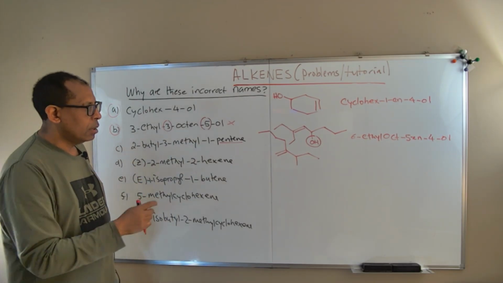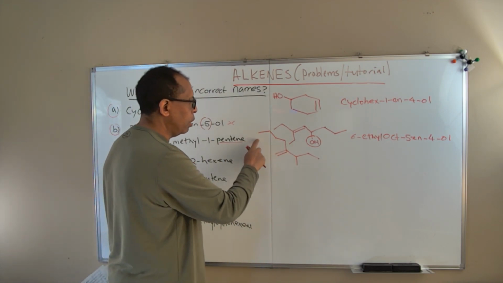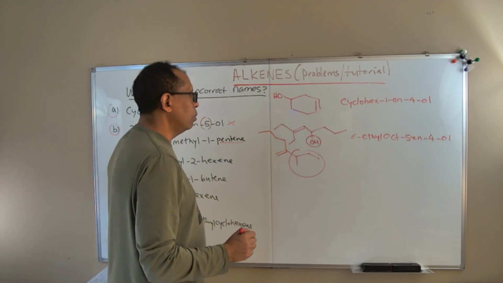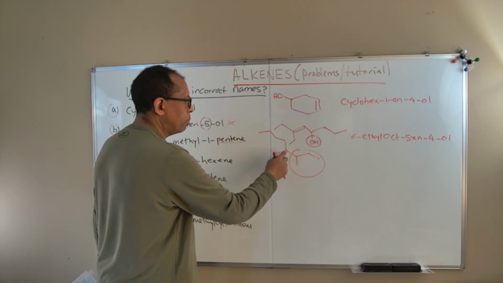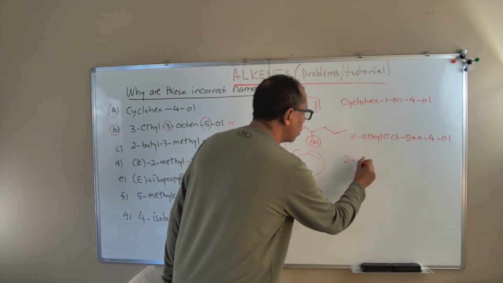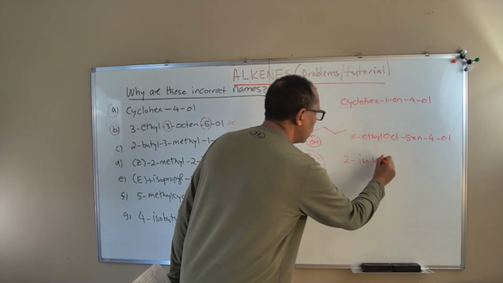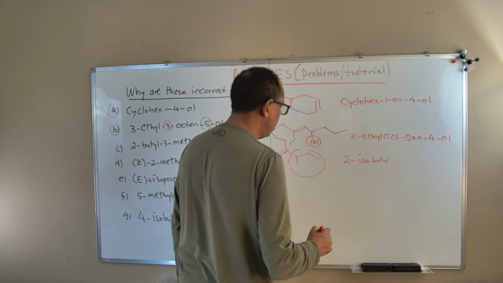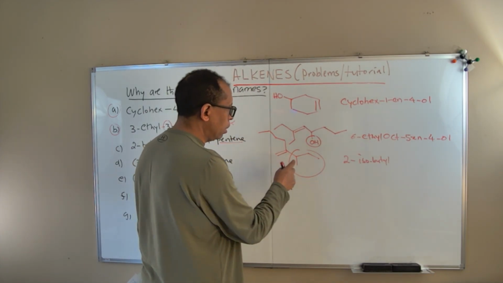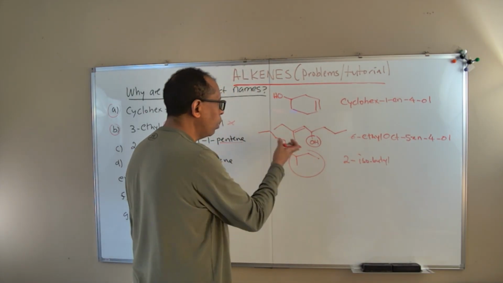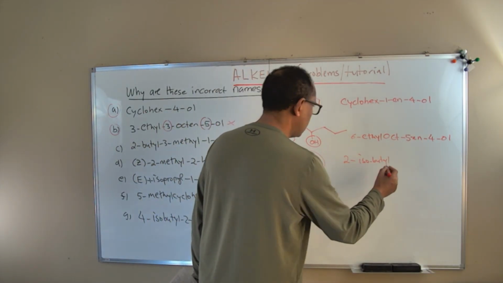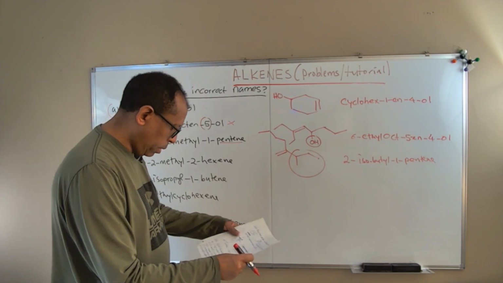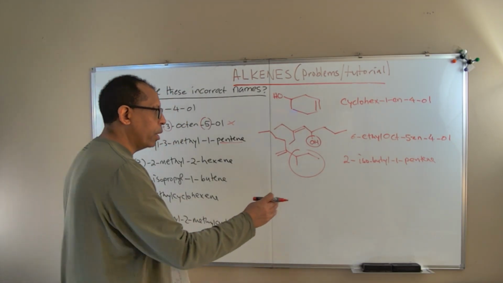At the 2 position we have a substituent, which is a butyl group. So it should be named as a 1-hexene.